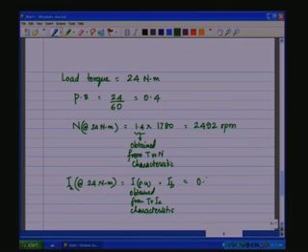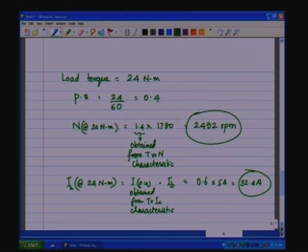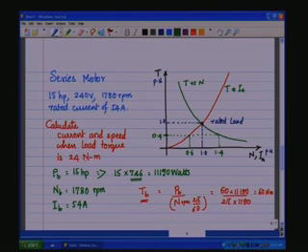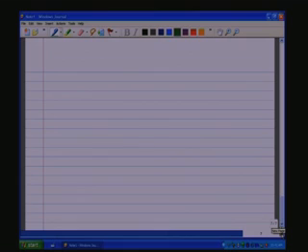So, this would be 0.6 into 54, which is around 32.4 amps. So, this would be the IA and the speed at a torque of 24 Newton meter for a characteristic as given like this for this particular machine. So, this is how one goes about calculating for this one.